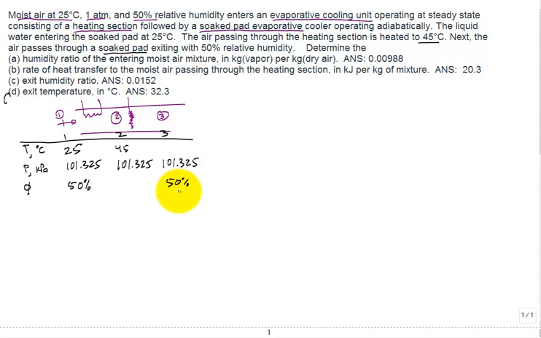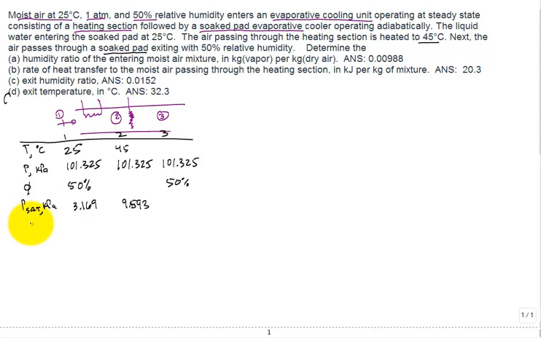All right. So other pieces of information that we might want to include in here is what is the saturation pressure in kPa for that dry bulb temperature. Well, at 25 degrees C, Psat comes in at 3.169 kPa, and then at 45 degrees C, 9.593 kPa, and since we don't know the dry bulb temperature at 3, we can't do that yet.